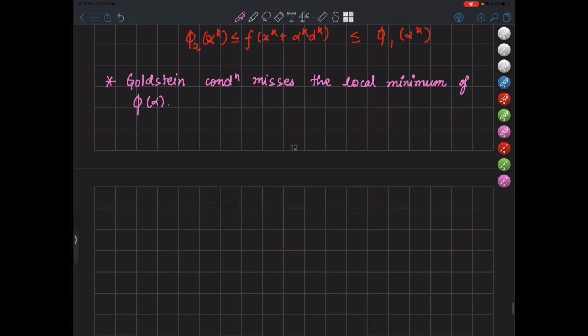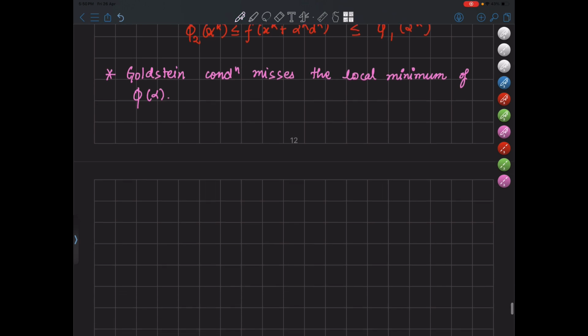There's one more additional condition that is also helpful in a lot of places. It's called Wolfe's condition. So what is this condition?